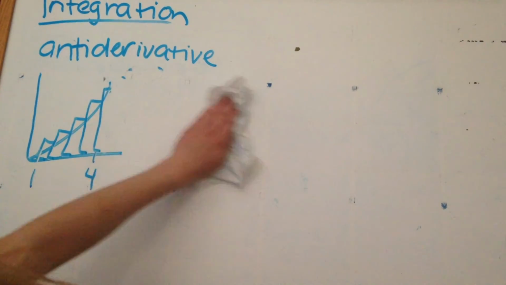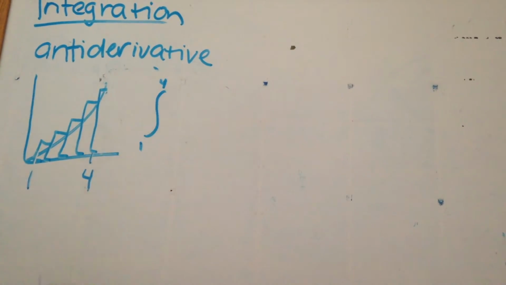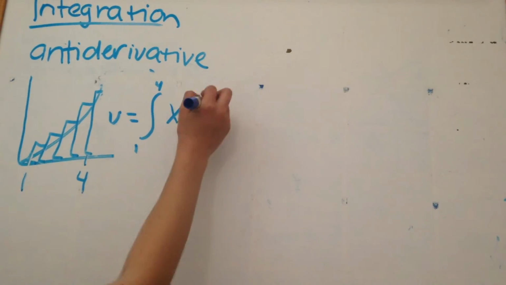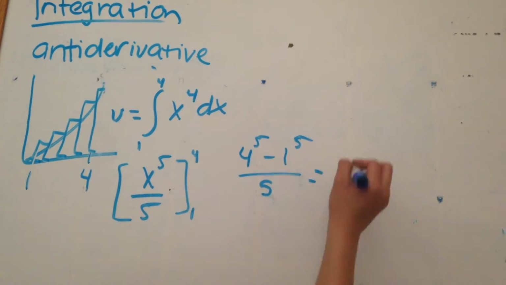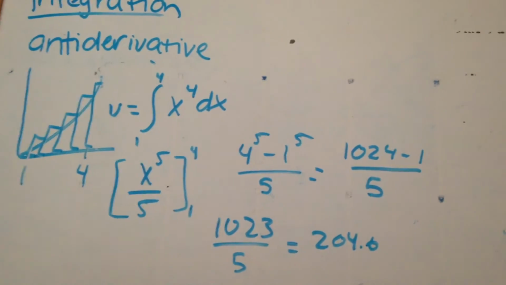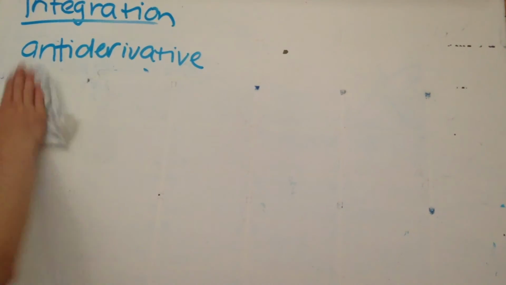So what we want to do is integrate x to the fourth to find the volume of the shape that we are making. So that's x.